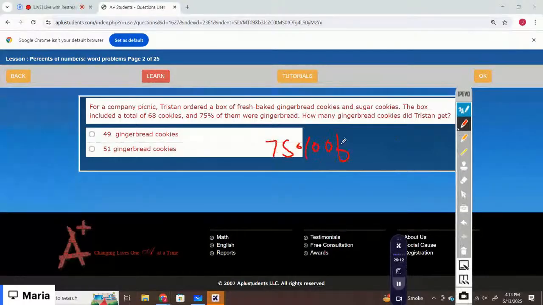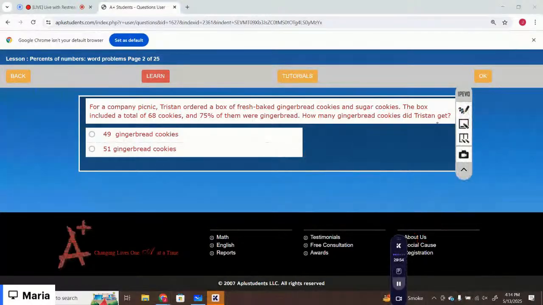That means n divided by 68 equals 75 over 100, so 75 times 68 divided by 100 equals 51 gingerbread cookies. Option number 2 is the correct option.